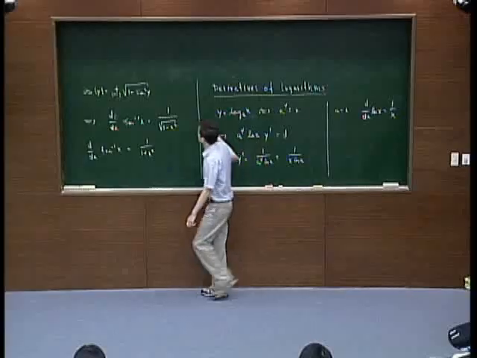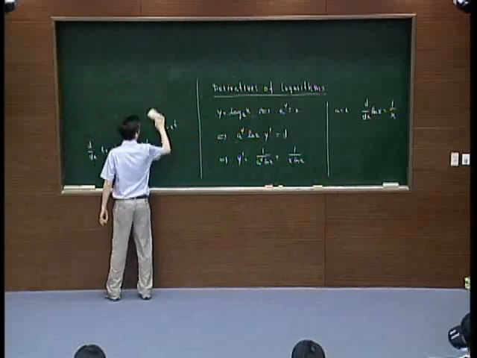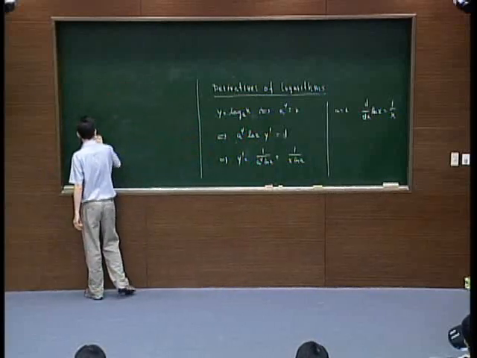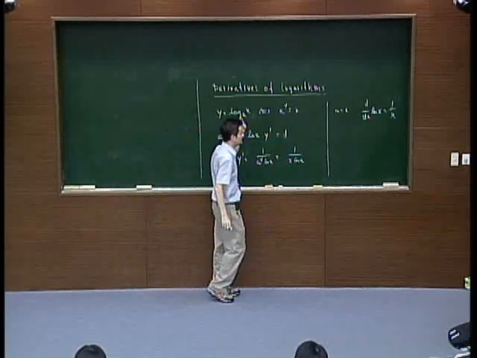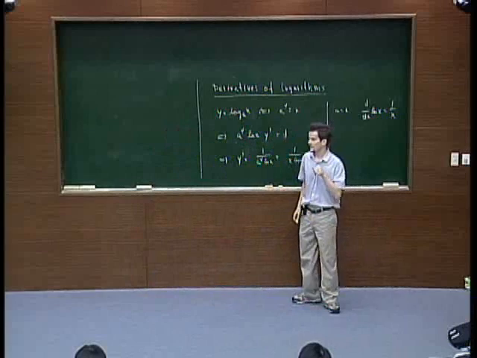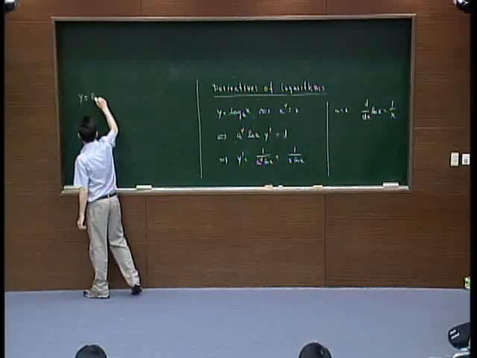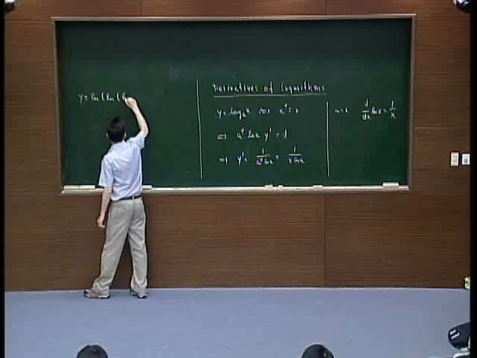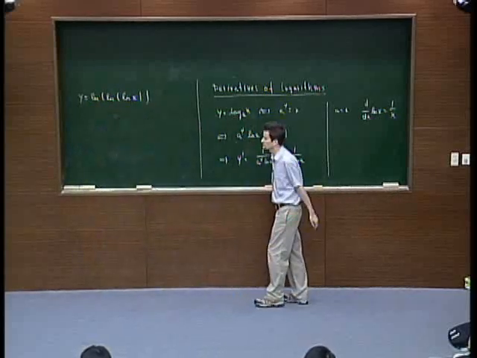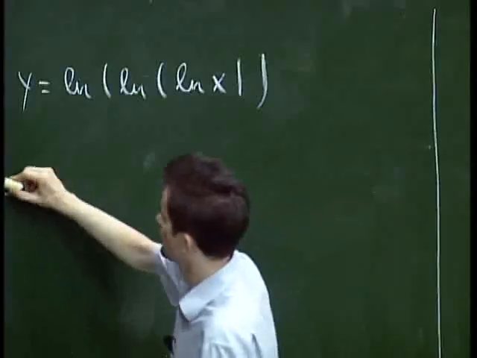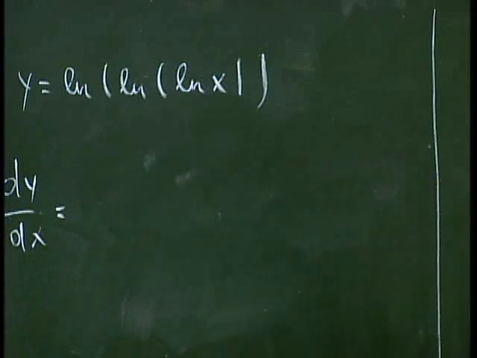So we memorize that the derivative of the natural logarithm is 1 over x, and more generally, the derivative of the logarithmic function with base a of x is 1 over x ln a. So for instance, if you have the function ln of ln x, and you want to know the derivative, it's now easy to compute. We use the chain rule.